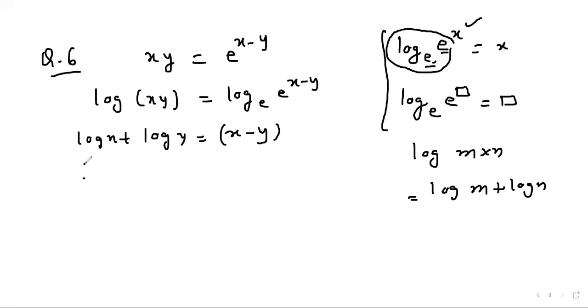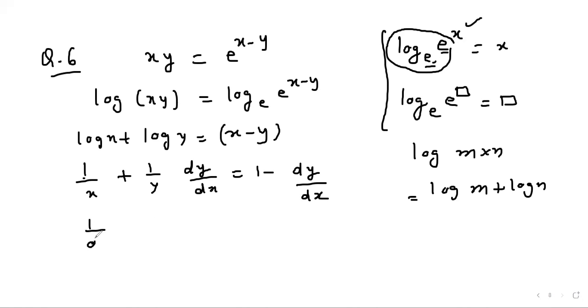Now we differentiate: 1 upon x plus 1 upon y dy by dx equal to 1 minus dy by dx. Now we write dy by dx terms together. Here we can write dy by dx times 1 upon y plus 1, and from here it is 1 minus 1 upon x.